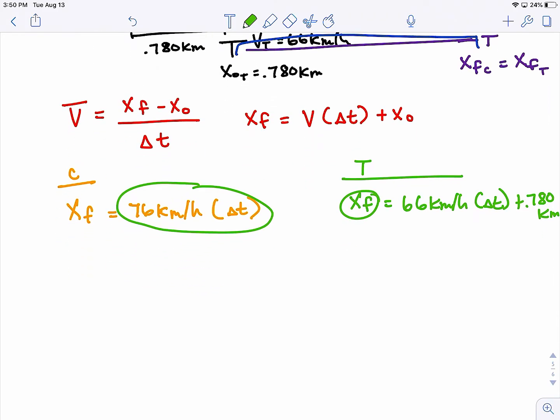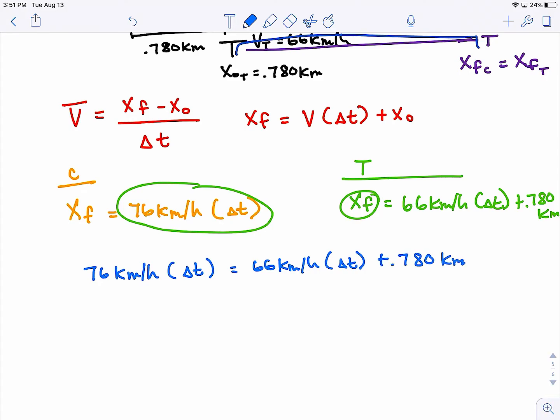If we do that, that's going to be 76 kilometers per hour times delta t, system of equations, equals 66 kilometers per hour times delta t plus 0.780 kilometers. From here, we can now solve for delta t.